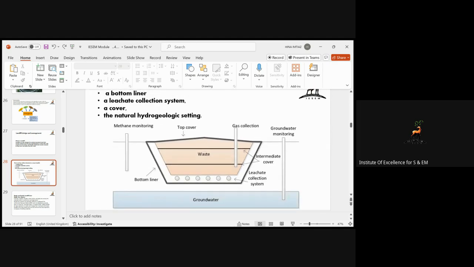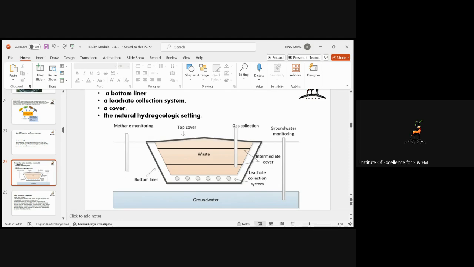So if you see the picture, the first one is the top cover, which is known as the capping. And next to the top cover is the gas collection. There is a pump which has been created in the landfill through which we can collect the gas.